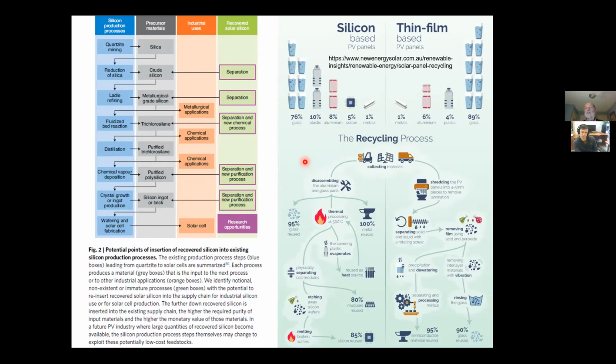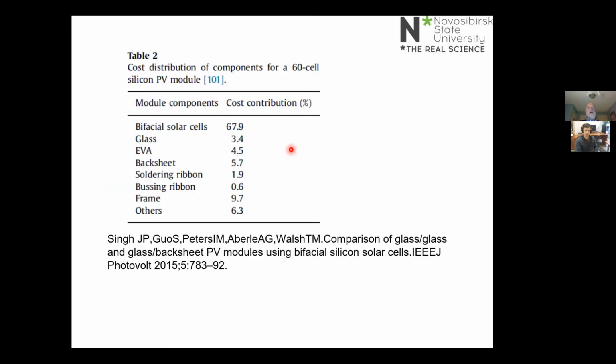It would be nice to ensure that PV modules can be recycled, just as it would be nice to ensure that wind turbine blades can be recycled, but it's a difficult thing to do. Okay, in terms of cost, as you would expect, the solar cells themselves are the main component of the cost.